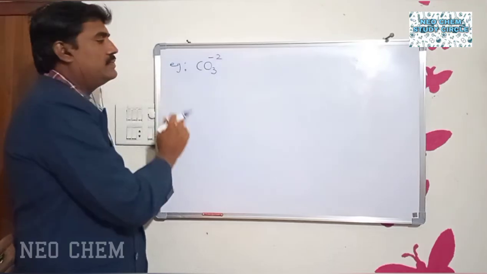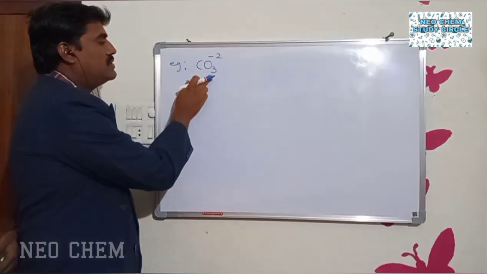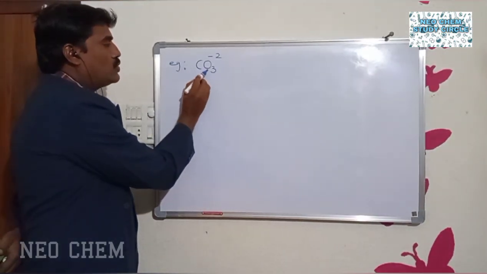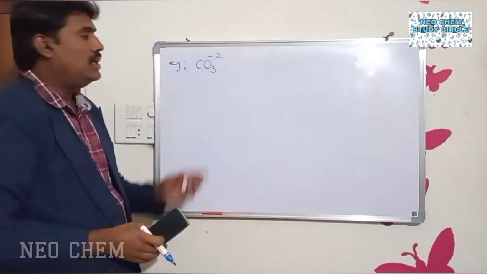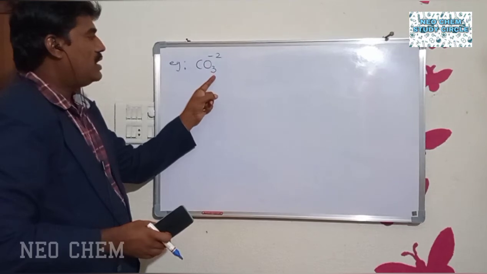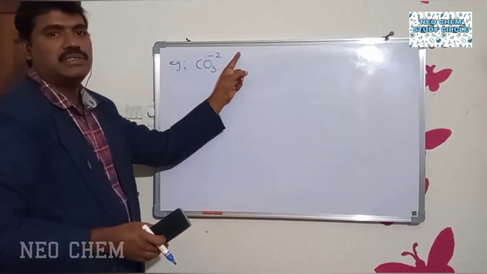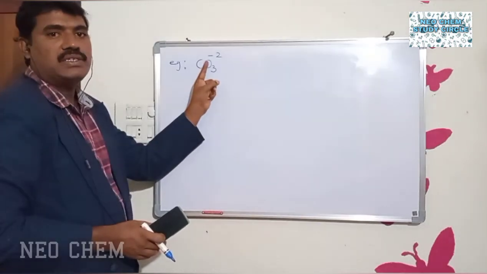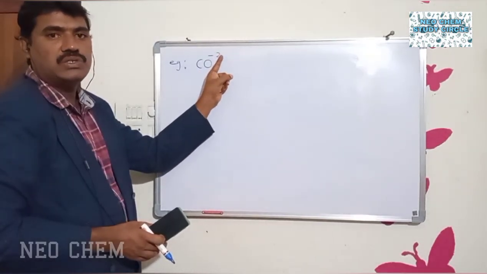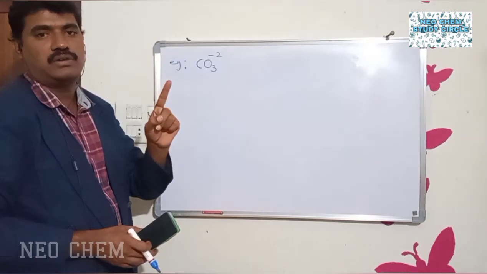In this ion, there are 3 oxygen atoms, and together, 2 negative charges are there. 3 oxygens together, 2 negative charges means that of the 3 oxygens, 2 oxygens carry negative charge with a single bond.